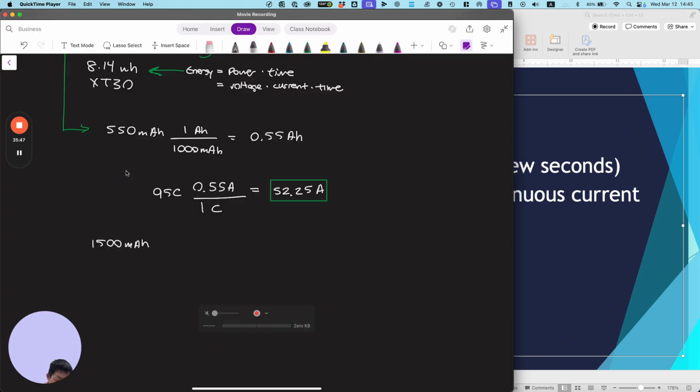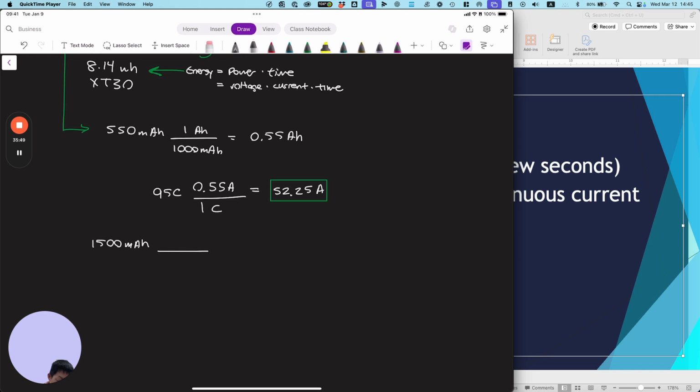Once again, we convert this into amp hours: 1.5 amp hours equals 1C. So that means 1.5 amps equals 1C. If we had the same battery listed at 95C, what is that in terms of actual amps?